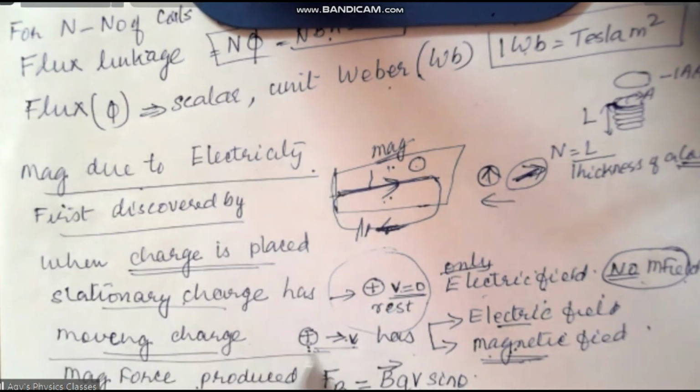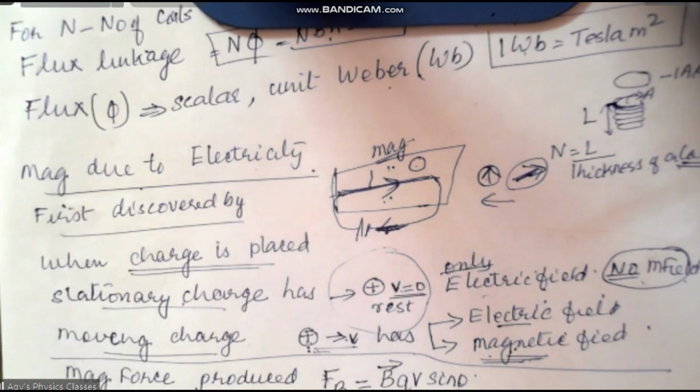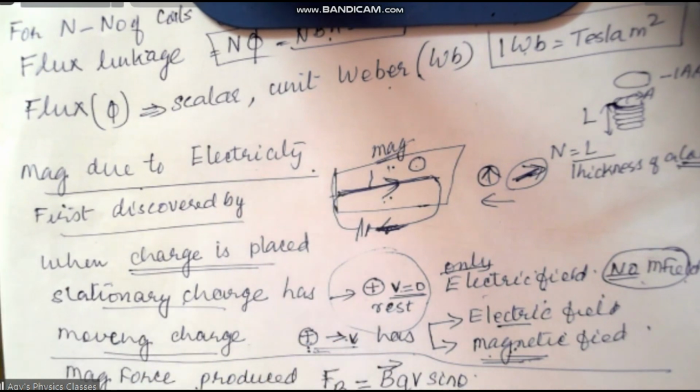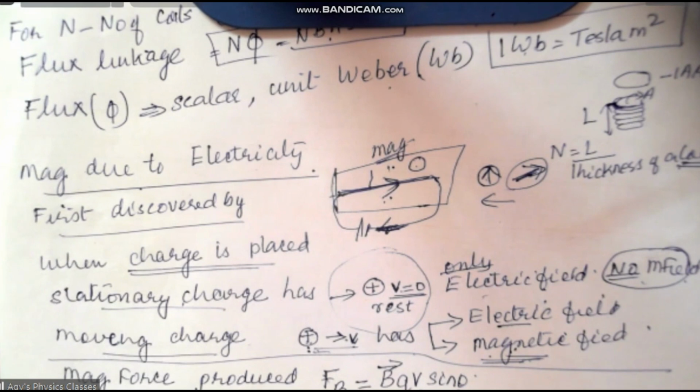See, look here, where do you get this from? If you have just one magnet, north and south, will this magnet move? No. This creates a magnetic field. In the field, if you place a moving charge, there is a magnetic force FB.